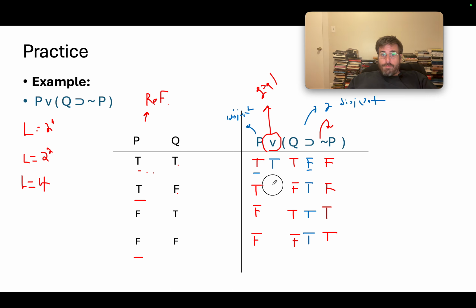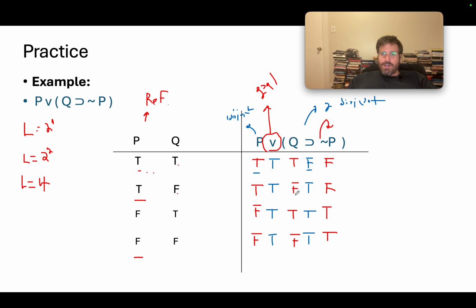So the second row for wedge is true. On the third row, the value for P is false, and the value for horseshoe is true. So wedge again is true. We have one true disjunct. And on the fourth row, the value for P is false, and the value for horseshoe is true. So the value for wedge again is true.